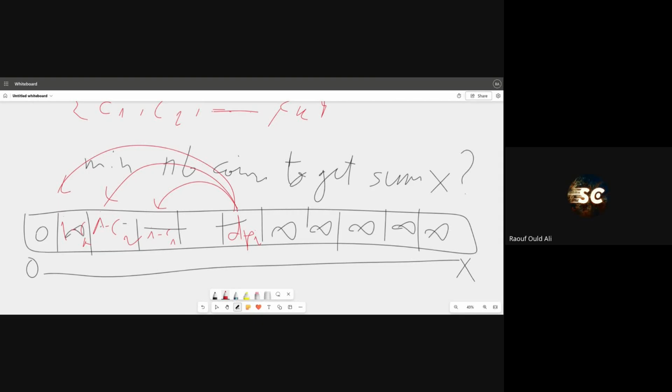And take the minimum value over this and add 1, right? So we either have a coin of value c1 or a coin of value c2 or a coin of value ck, and we see which one allows us to minimize the sum. Does this make sense? Yes. The others?